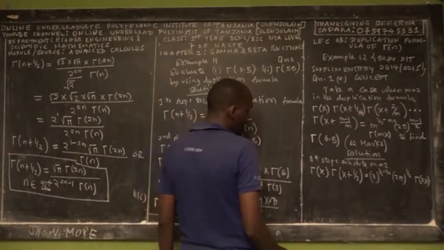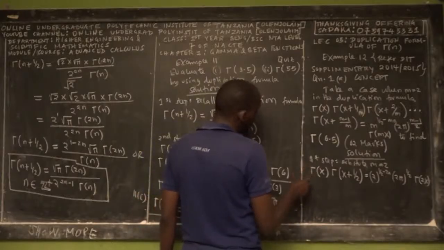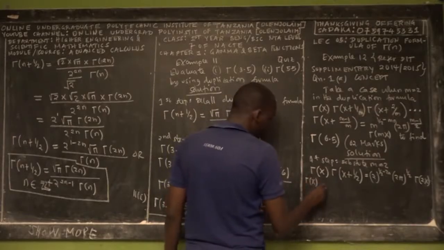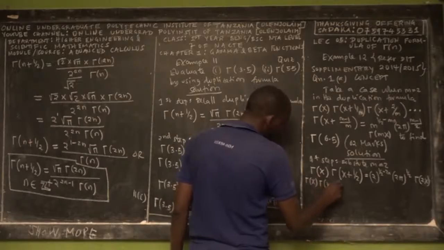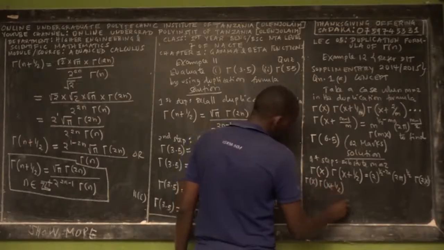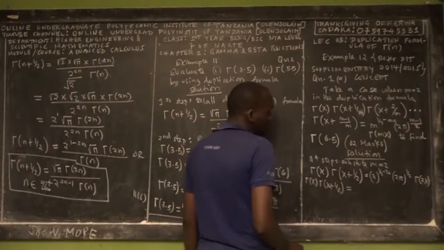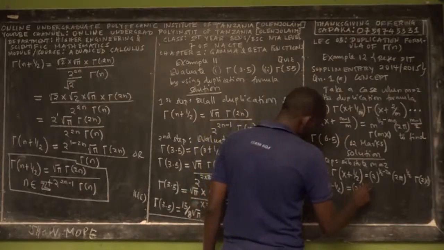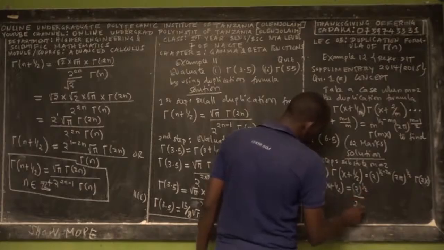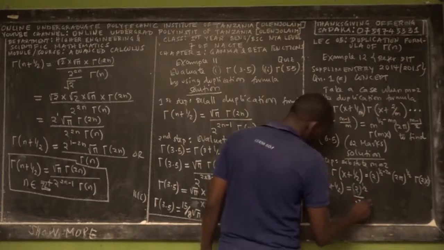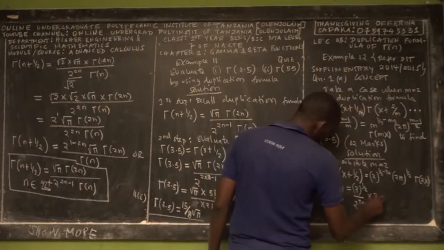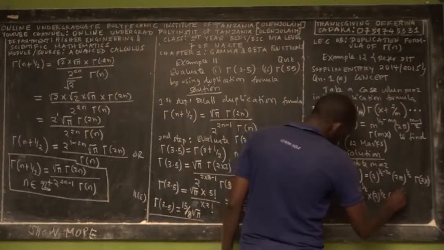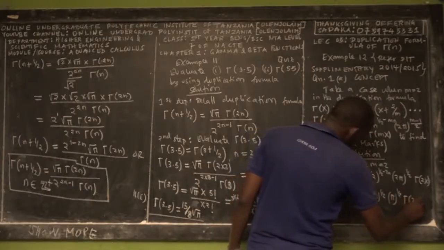So if we simplify, this is gamma of x times gamma of x plus a half. This is equal to 2 power half over 2 power 2x, multiplied by 2 power half pi power half gamma of 2x.